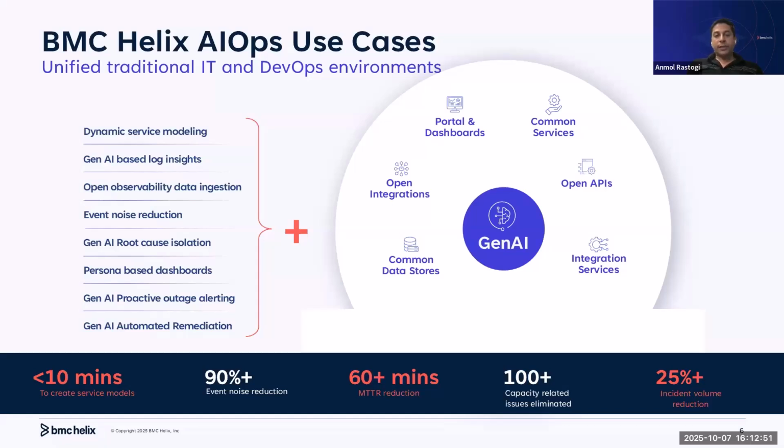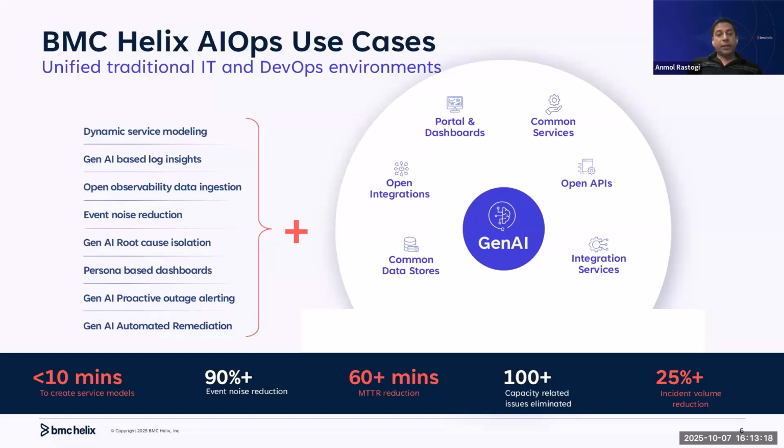If you wanted to create a service model using our existing blueprint patented technologies, it takes less than 10 minutes for customers, once they establish all the processes. And 90% of their event noise reduction happens with full coverage.